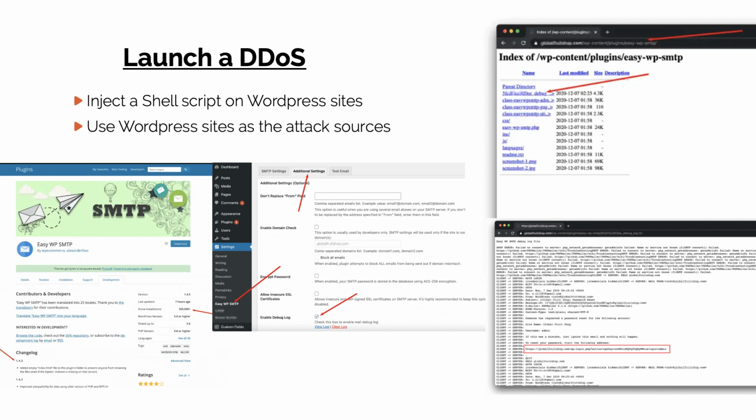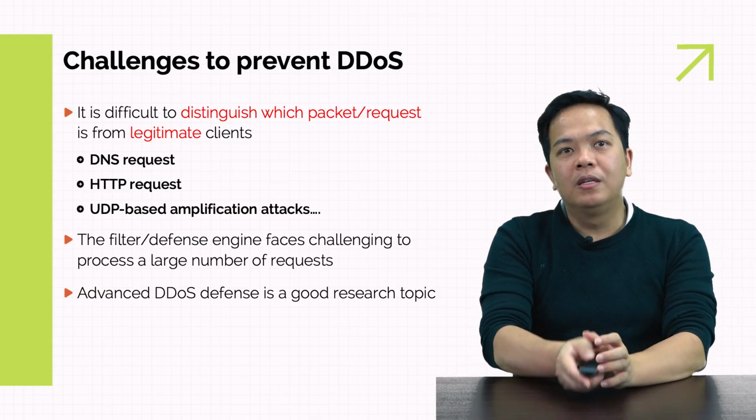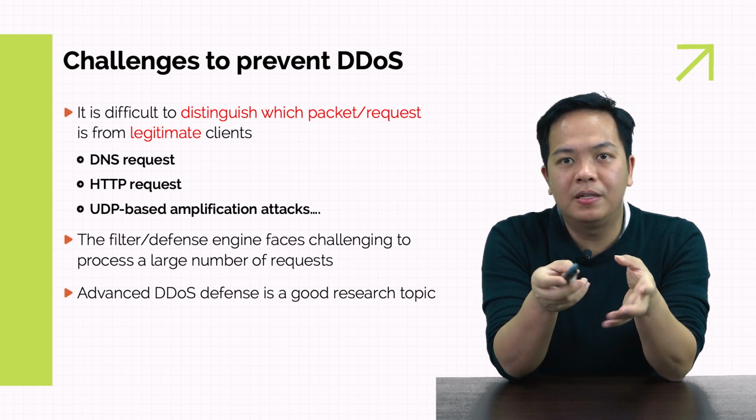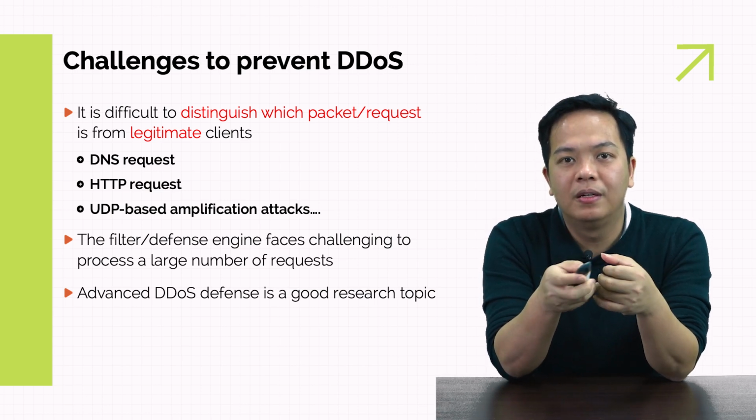So the website becomes compromised and will launch attacks, because you can imagine millions of WordPress websites can attack one target at the same time. So our website just goes down very quickly, after two or so seconds. Yeah. And the one key point after we know we have very big denial of service: how to prevent it?